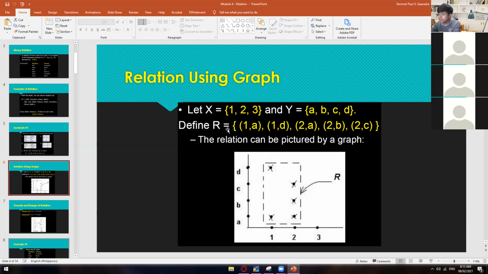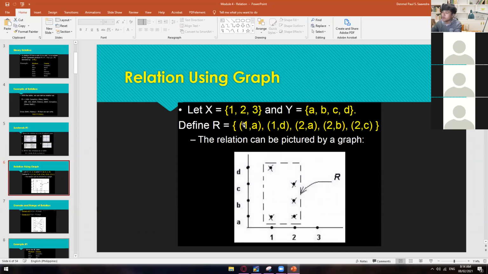In here we just want to show that this relation can be shown using a graph. We have the y coordinates and the x coordinates. As you can see, the x coordinates is our domain, which is the first one, 1, 2, 3, and the y coordinates is our range, which is a, b, c, d, labeled as you can see on our presentation.